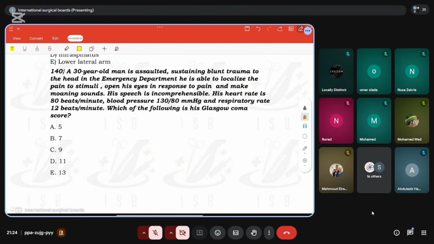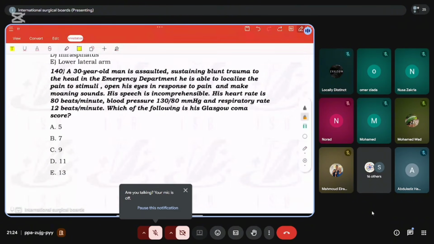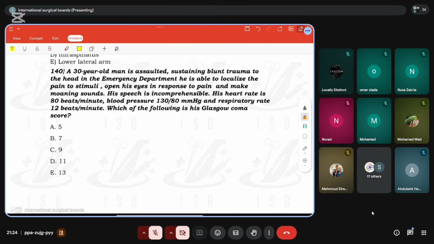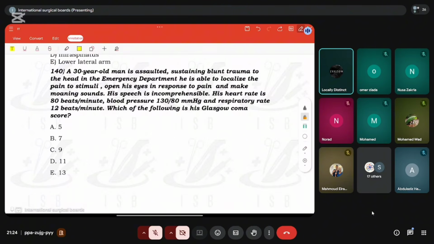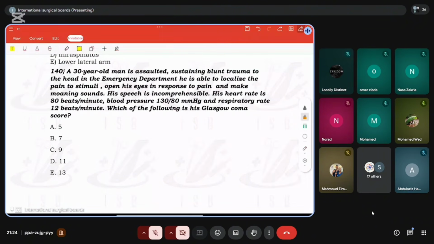Suppose you come to a patient and right now they do not open their eyes, not to pain, not to sound, not to anything. But then they open their eyes spontaneously. Would you score the first observation or the second observation? Best observation, the best score, right? Yeah, so for the Glasgow Coma score, we score based on the best observation. Even if the patient gives variable responses, we score them based on the best they can produce.